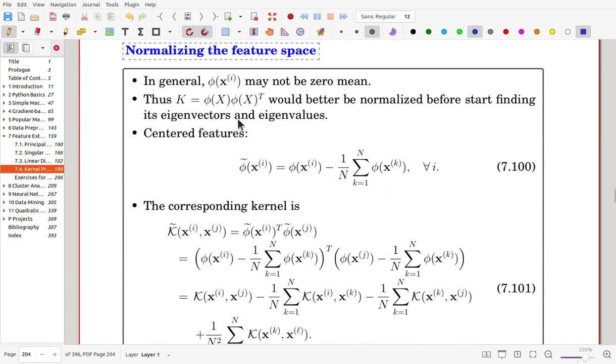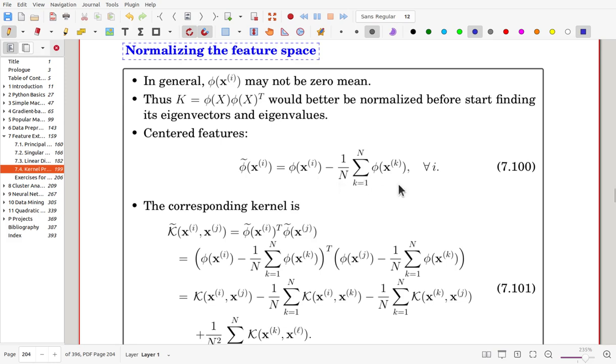Now, in general, phi of xi may not have zero mean, so the kernel matrix had better be normalized before finding its eigenvectors and eigenvalues. The mean-zero normalized data can be obtained from the original expanded data by averaging.